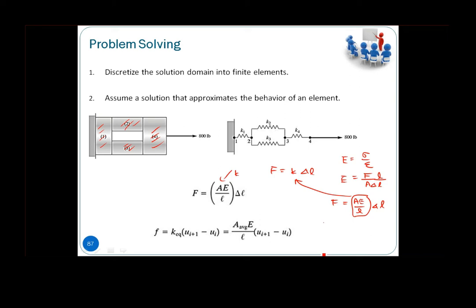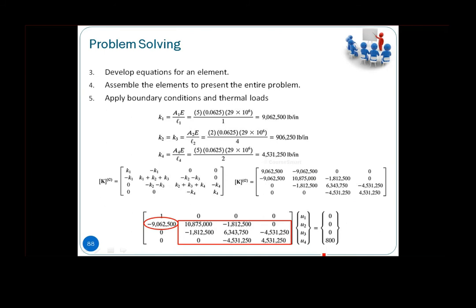In the case of the matrix form for one element itself, we have also determined, if you look into this, how to develop the equation of an element. Let's say we're looking at one element, which has 2 nodes, I and J. So our Fi equals K_eq times (Ui minus Uj). Then Fj equals K_eq times (Uj minus Ui).